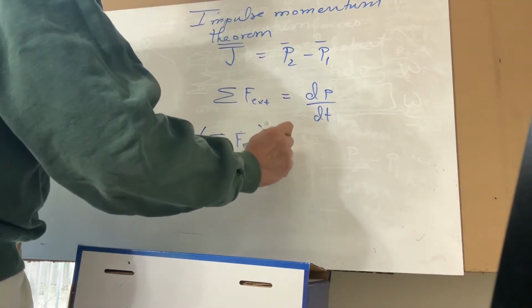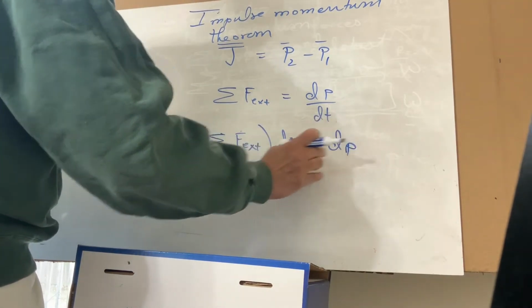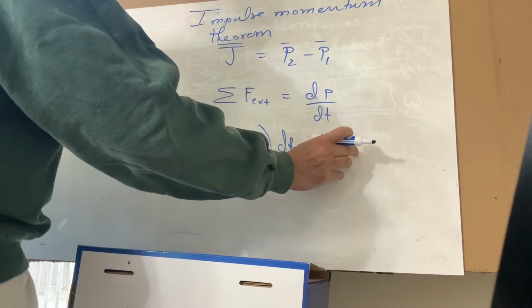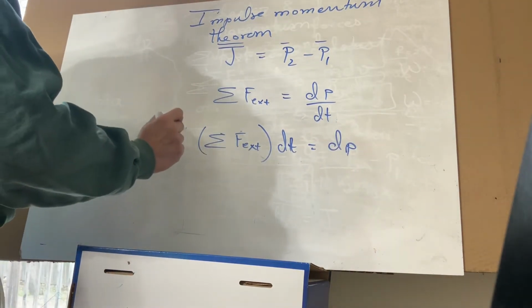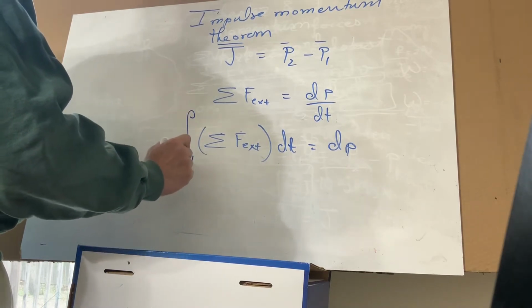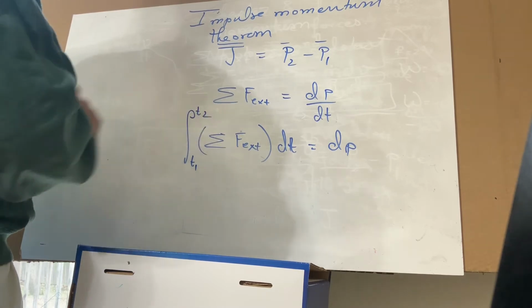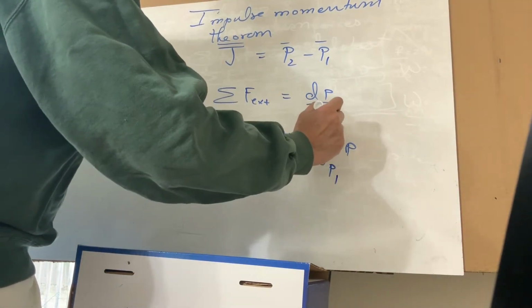If I multiply both sides by dt, I get the sum of the external forces times dt, for a small time, changes the momentum. And if I integrate this from t1 to t2, it will be an integral from p1 to p2.